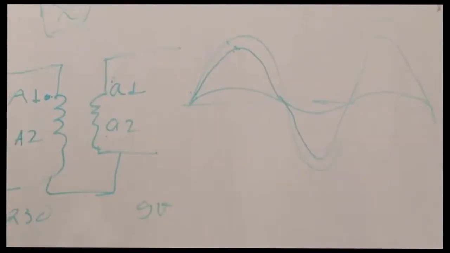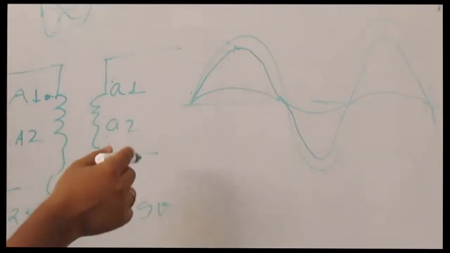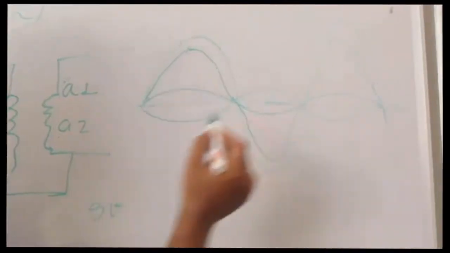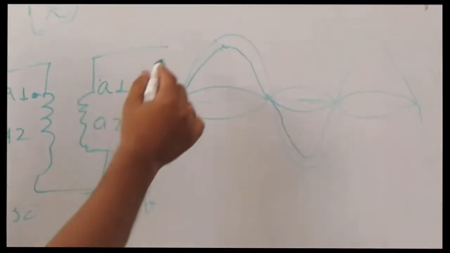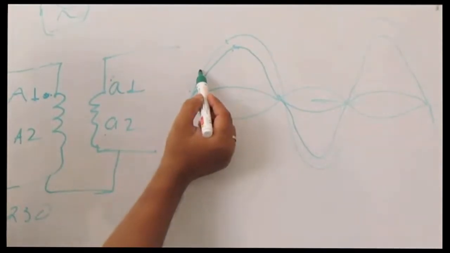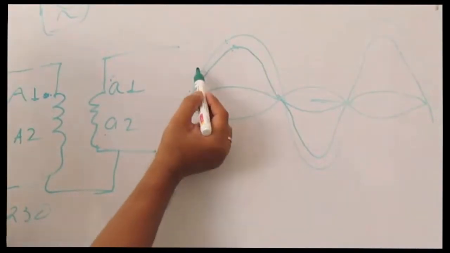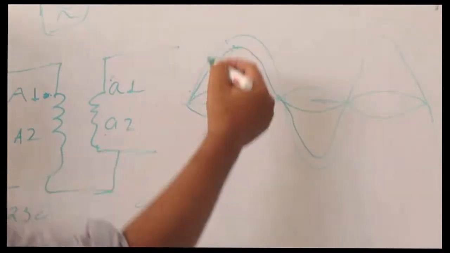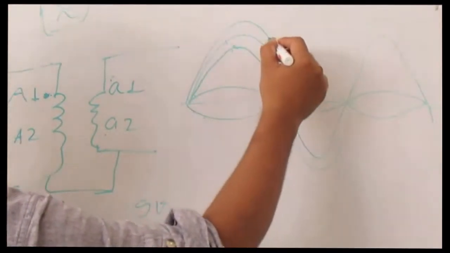Now consider the case of opposite polarity. When we subtract this voltage waveform from this voltage waveform, this one is positive and this one is negative. Positive minus negative will be more than this value, so its curve will be like this.